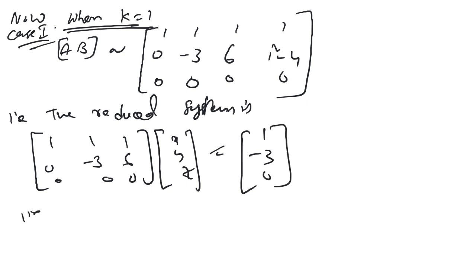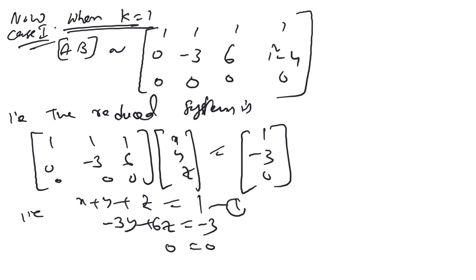So first row into first column: 1 into x plus 1 into y plus 1 into z is equal to 1. Second row into first column: 0 into x minus 3 into y plus 6 into z is equal to minus 3, and the last row is 0 equal to 0. Let us name these equations 1 and 2, right?